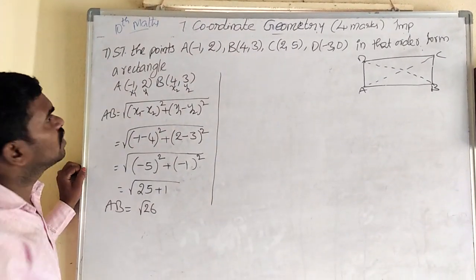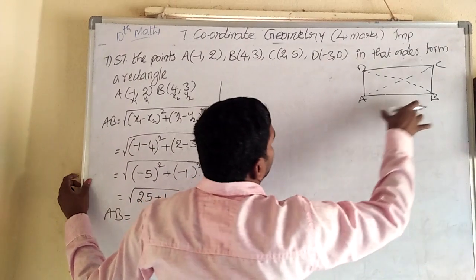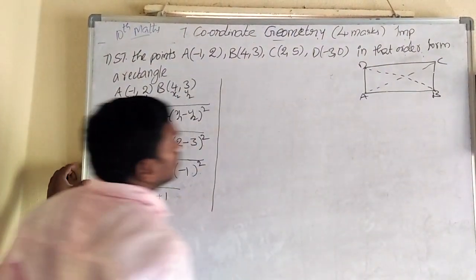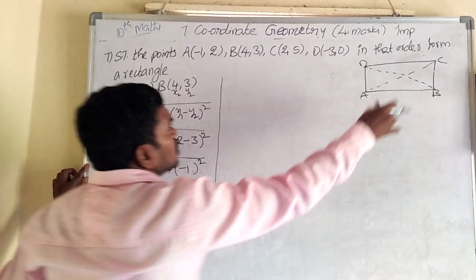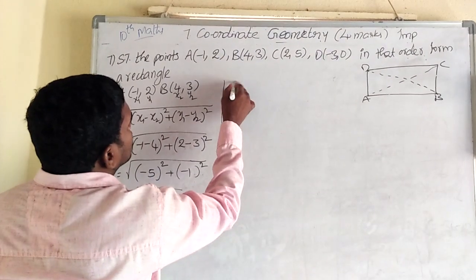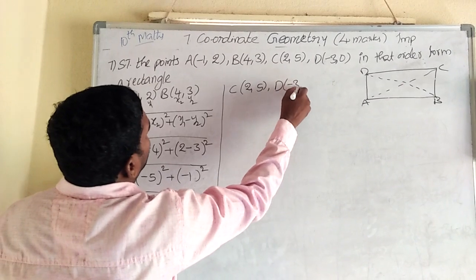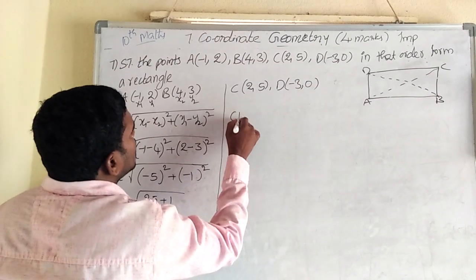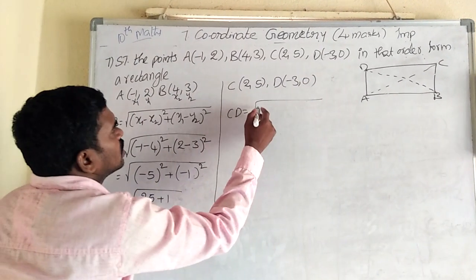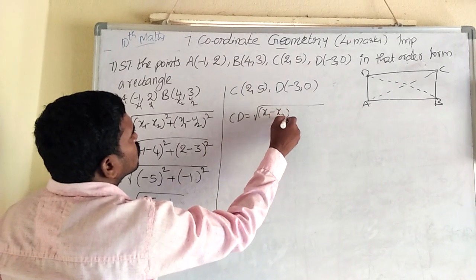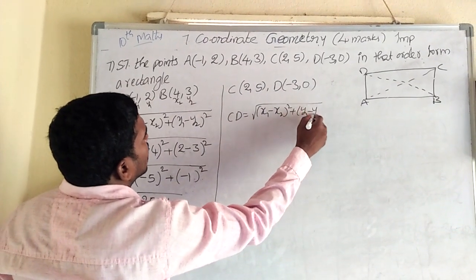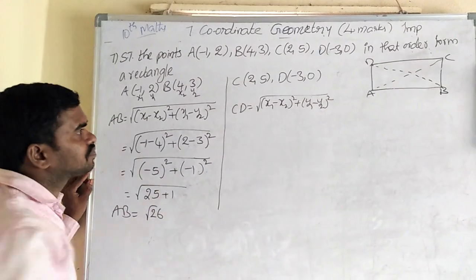Similarly, what is the other side? AB, got it. Next, I'm finding, okay, opposite sides we can take, CD. What is C? (2, 5). D is (-3, 0). So CD equal to root of same formula, x1 minus x2 whole square plus y1 minus y2 whole square.